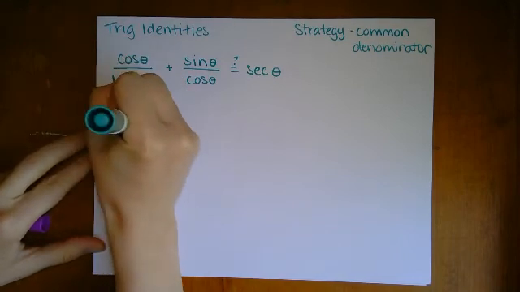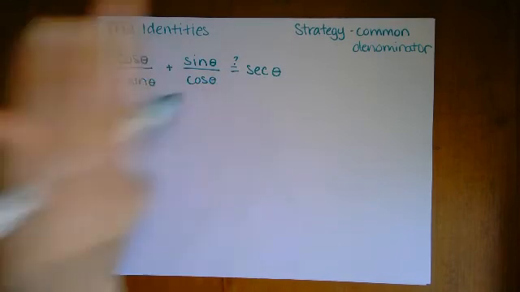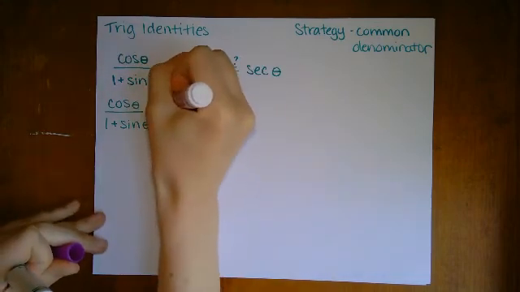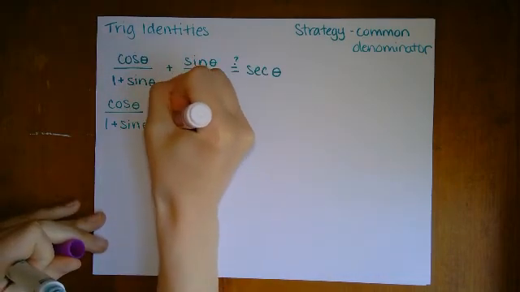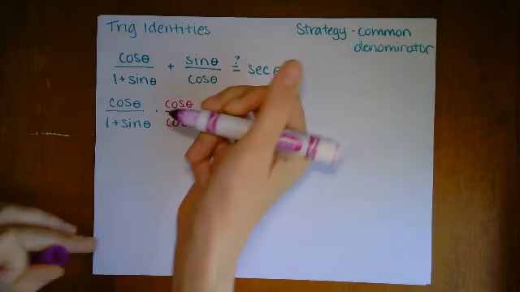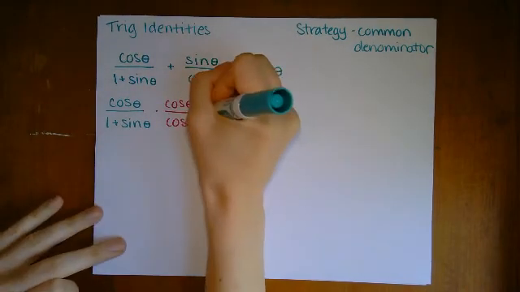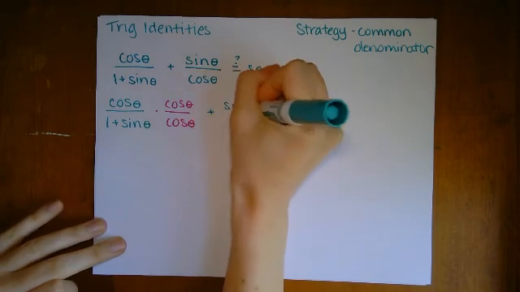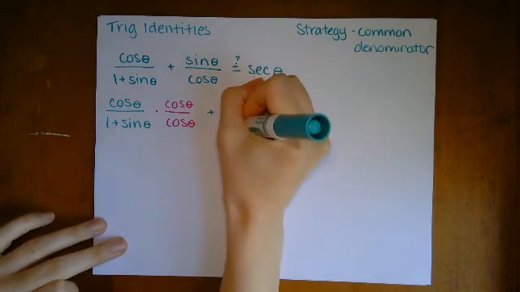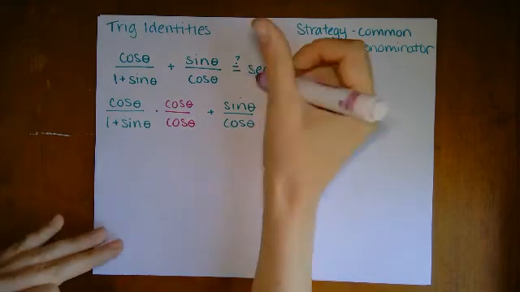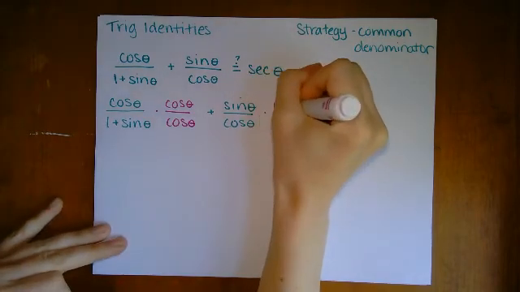So my first term is going to get multiplied by cosine over cosine. So that now it'll have a cosine in the denominator. And I'm just multiplying by 1. So that's okay. My second term is going to get multiplied by 1 plus sine over 1 plus sine.